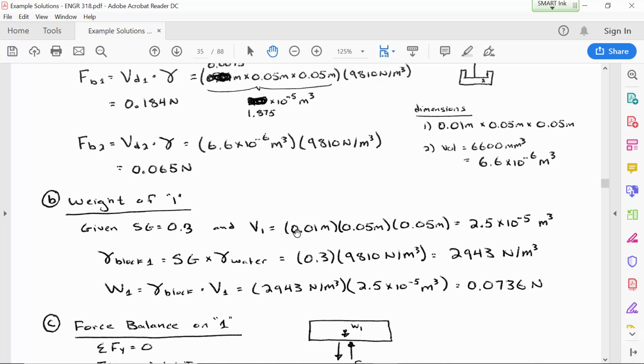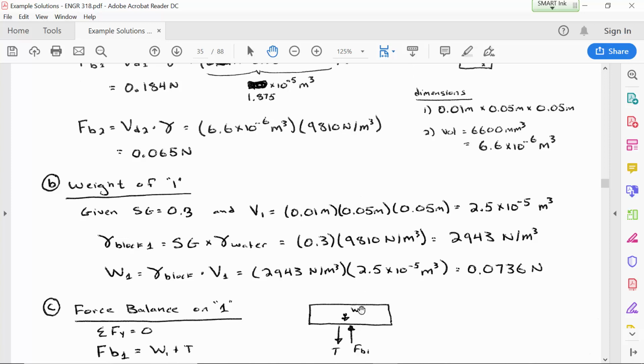So the volume of the overall object can be calculated, and the block's specific weight can be known from its specific gravity. So this block's made out of a wood that has a unit weight of 2943 newtons per meter cubed. And then finally we calculate the weight of the block by its overall volume, including what's above and beneath the water line, and then the unit weight of the block.